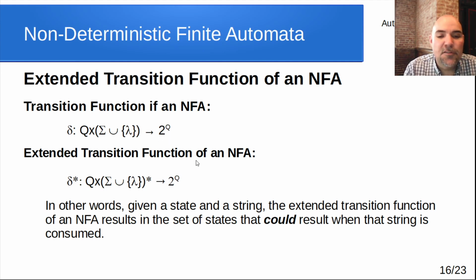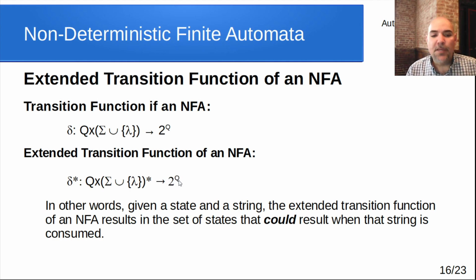The extended transition function does the same thing for an NFA that it does with a DFA. The only difference here, again, is we're passing in a state and a string of 0 or more symbols from this alphabet, and we're mapping that to a set of possible states that could result.